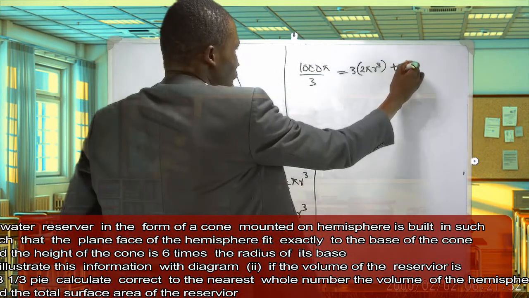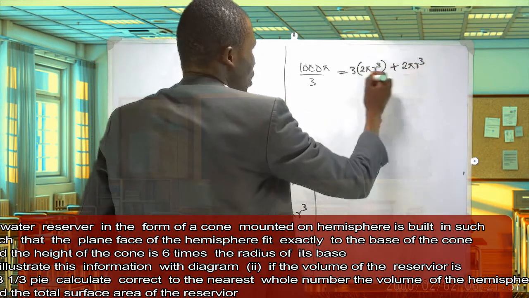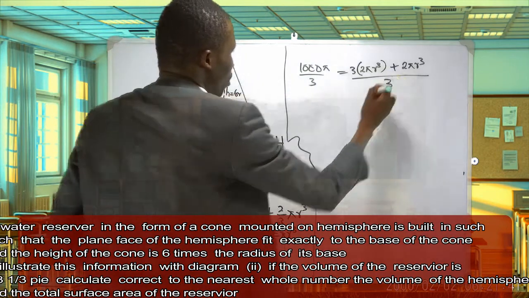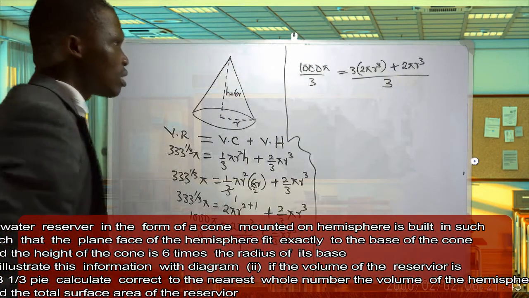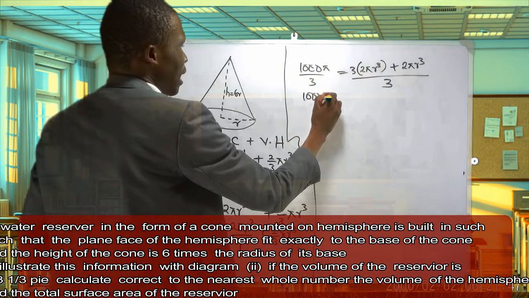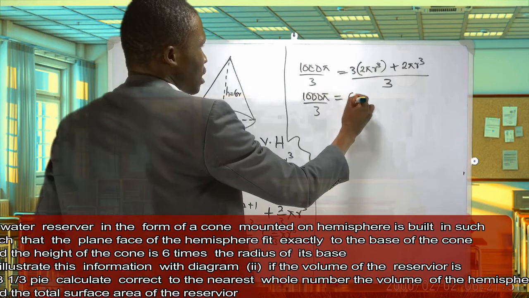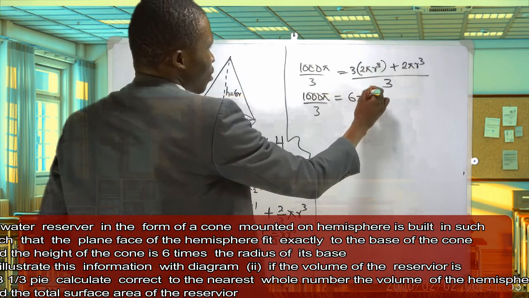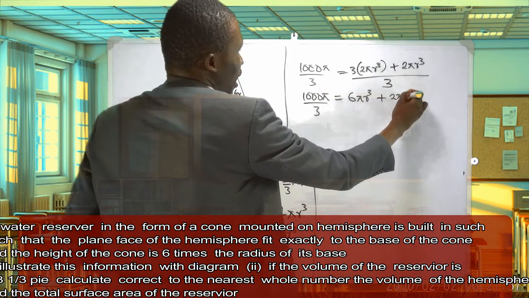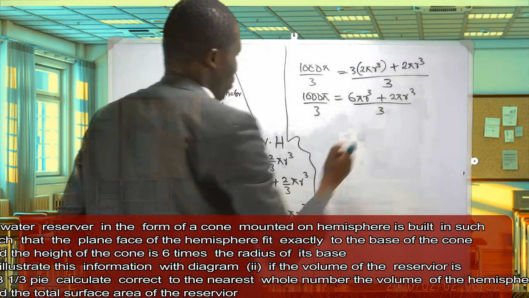We are still going to have 2 pi r cube divided by 1 times 3, which gives us 3. Now we can open the bracket: 1000 pi divided by 3 equals 3 times 2, 6, so 6 pi r cube plus 2 pi r cube divided by 3.